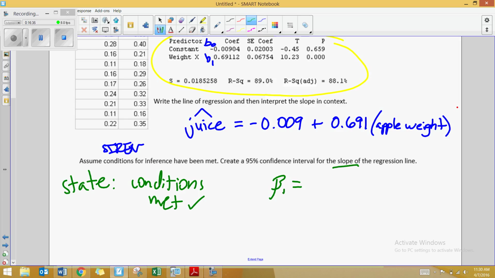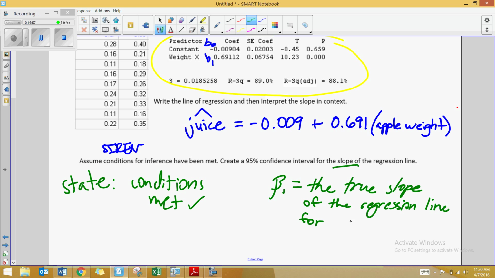All right, so beta 1, this is going to be the true slope of the regression line for apple weight versus apple juice.